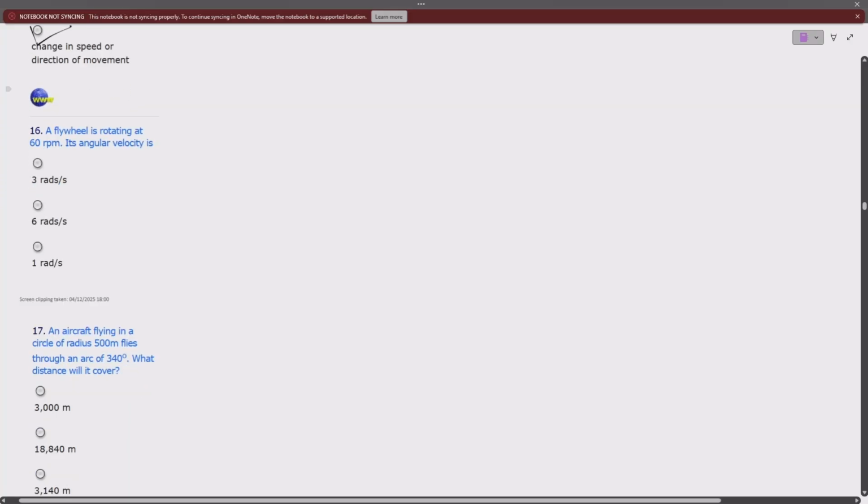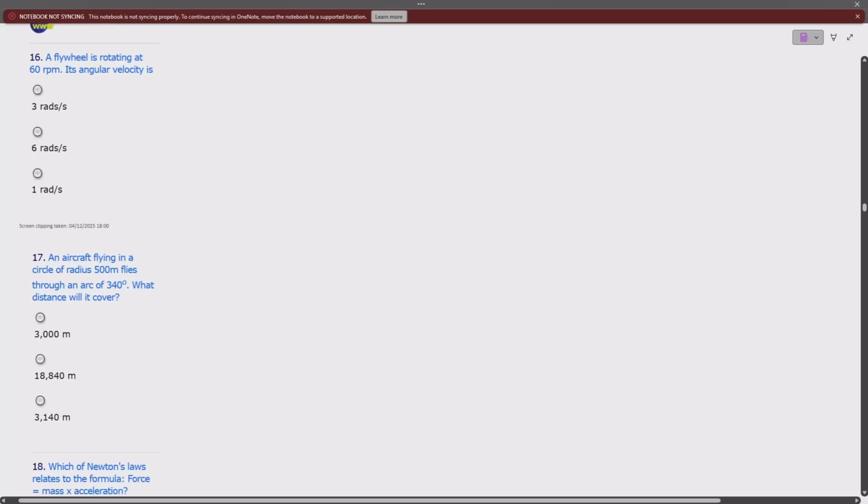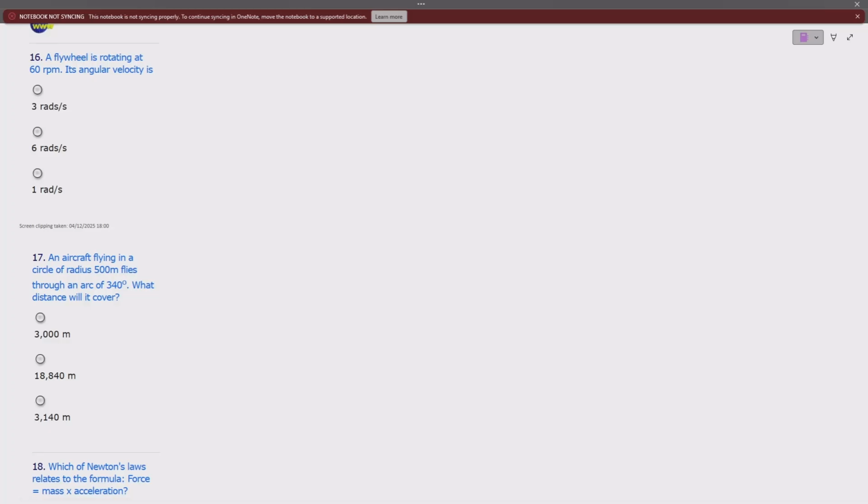The flywheel is rotating at 60 RPM. Its angular velocity is? So you have to convert RPM to radians per second. So 60 RPM divided by 60 times 2 pi.